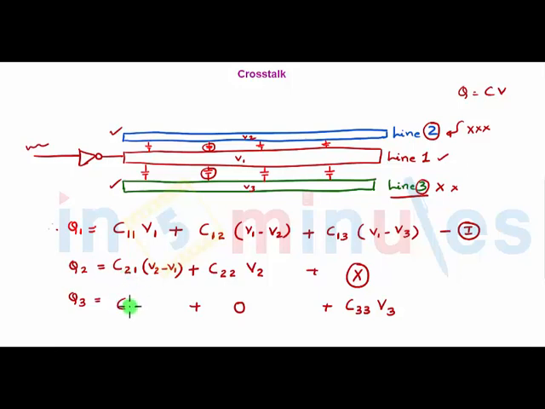So line 3 with regards to line 1, or the capacitance between the two, will be C31, into the line which is under consideration, the difference of that line voltage minus the voltage of the line which has induced crosstalk, in simple words, which is V1, so V3 minus V1. So in simple words, I've assumed the coupling capacitance from lines 1 to 2 and 1 to 3 as C12 and C13. Vi is the voltage on the ith line where i is equal to 1, 2, 3, and I've just written the values of charges.